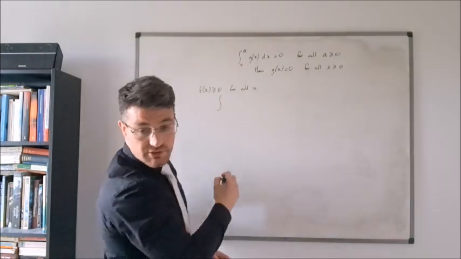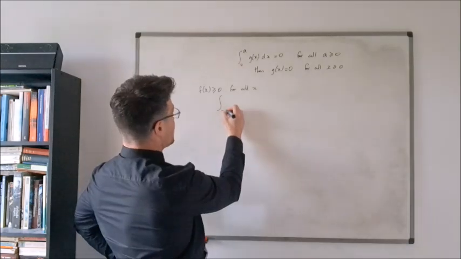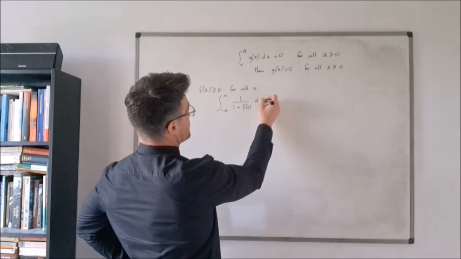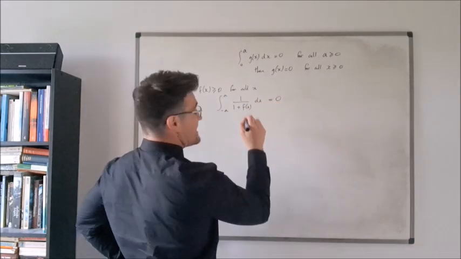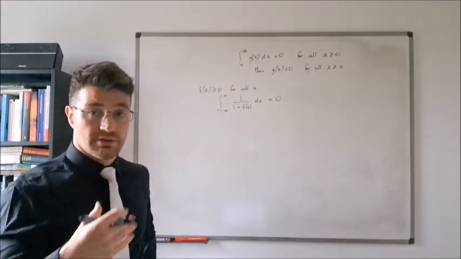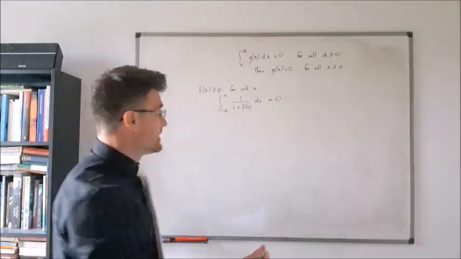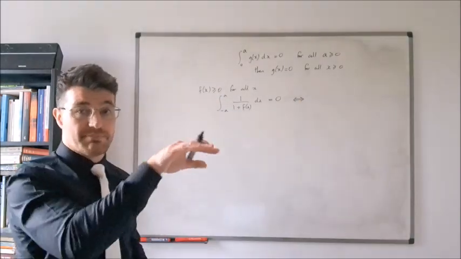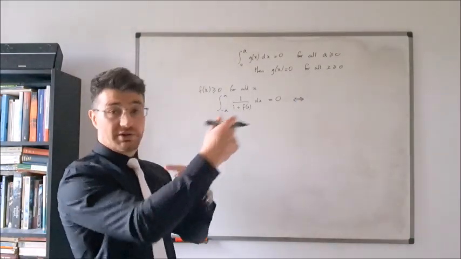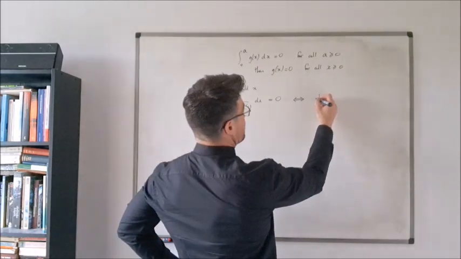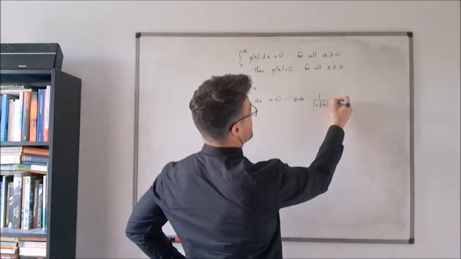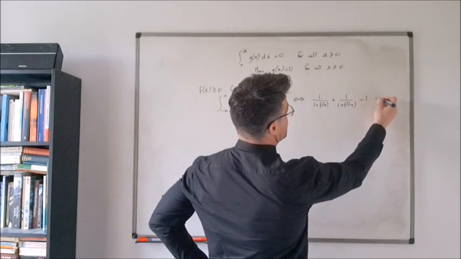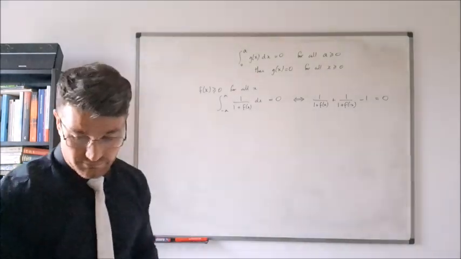Show that the integral between minus a and a of 1 over 1 plus f of x dx is equal to 0 if and only if 1 over 1 plus f of x plus 1 over 1 plus f of minus x minus 1 is equal to 0, for all x greater than or equal to 0. So this is a two-way theorem, if and only if. I might use the implies symbol, but with the arrow pointing in both directions.